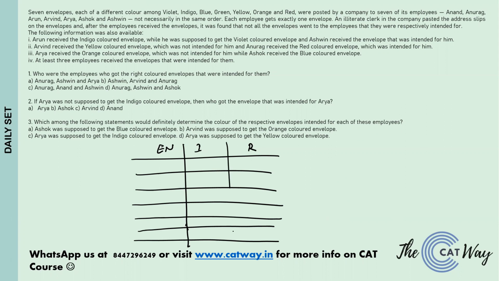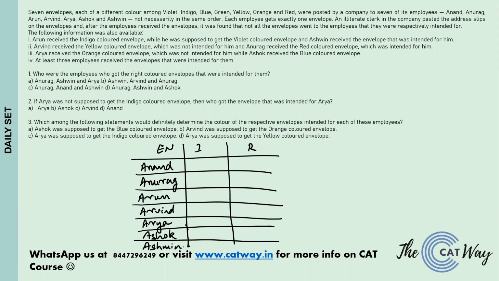We'll have to write all the names because all of them start with A: Anand, Anurag, Arun, Arvind, Arya, Ashok, and Ashwin.